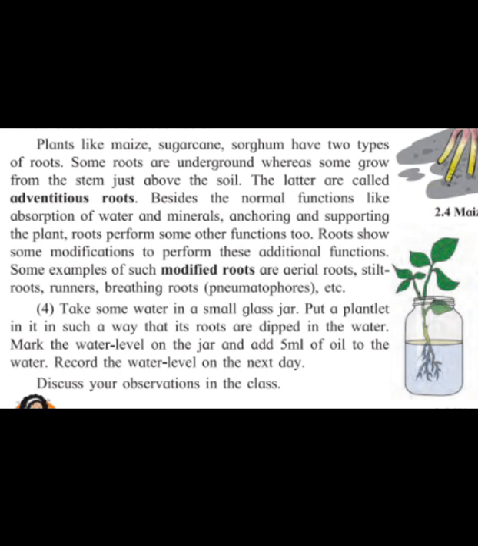Because they have an advantage. Besides the normal functions like absorption of water and minerals and anchoring and supporting the plant, these roots also perform some other functions too. They are an advantage to the plant, so they are called adventitious roots.